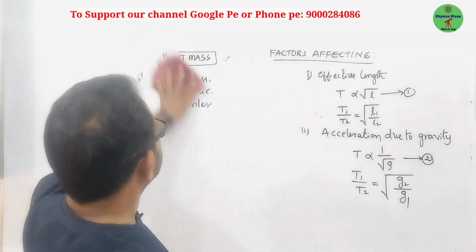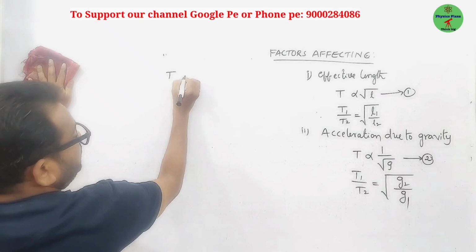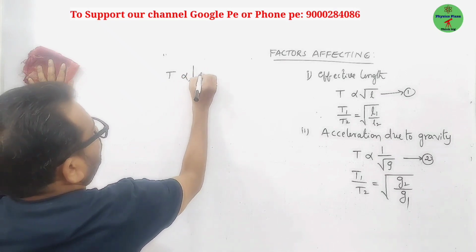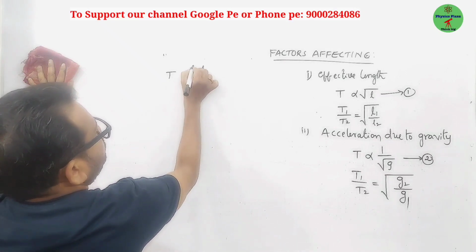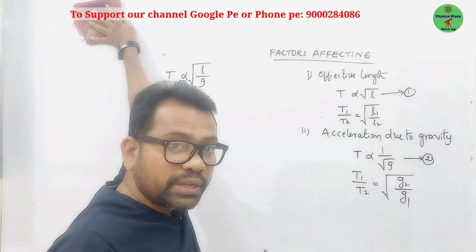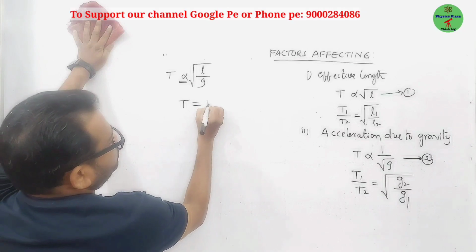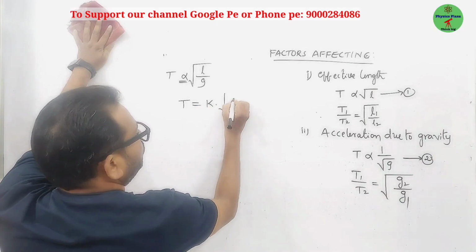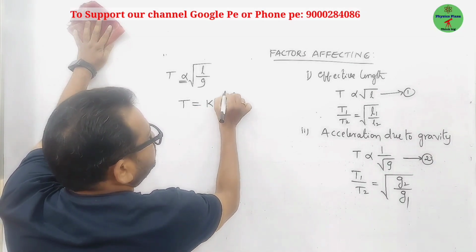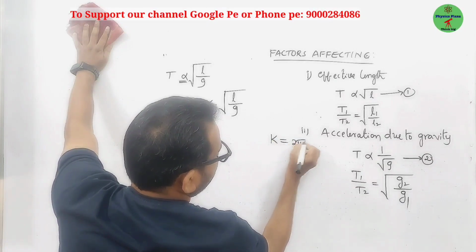Children, from equation 1 and 2, I can write square root of L by G. Whenever there is a proportionality symbol, it can be replaced by a constant, the so-called proportionality constant. T is equal to K into square root of L by G. Later this K value was experimentally proved to be 2 pi.